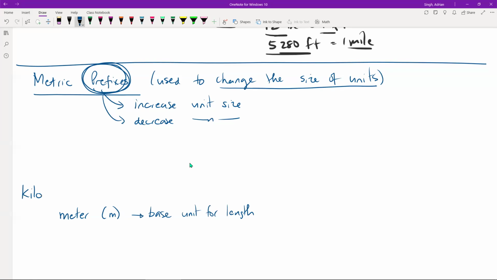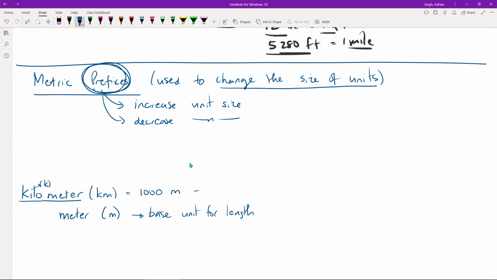If I place the prefix kilo in front of the meter, what I end up with is a kilometer, and we abbreviate that as small k m, right? So kilo here has the abbreviation small k. Whenever you see kilo, that means 1,000 of that thing. If I put kilo in front of meter, that means I have 1,000 meters.